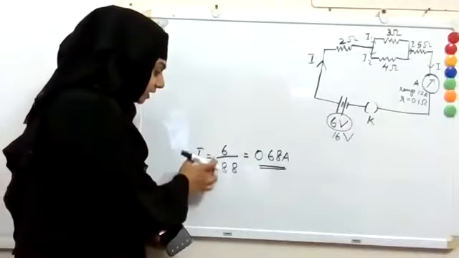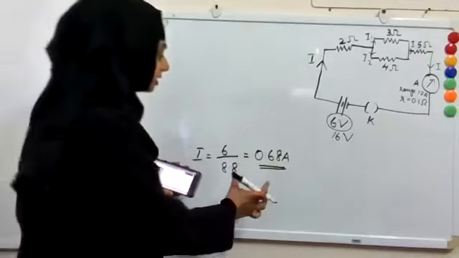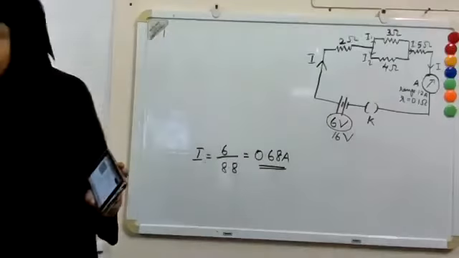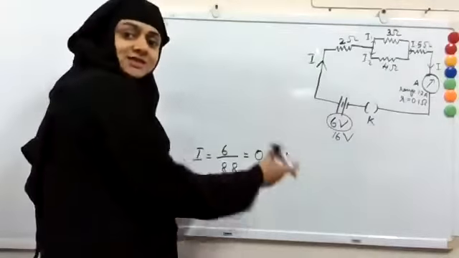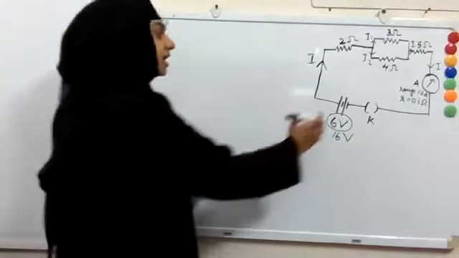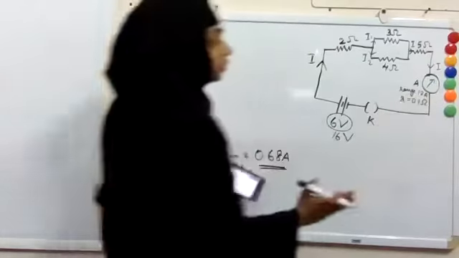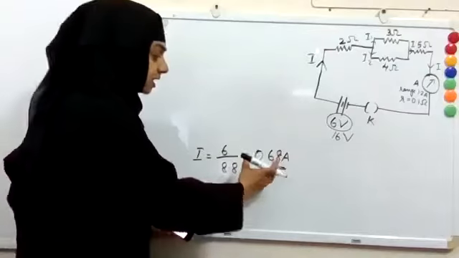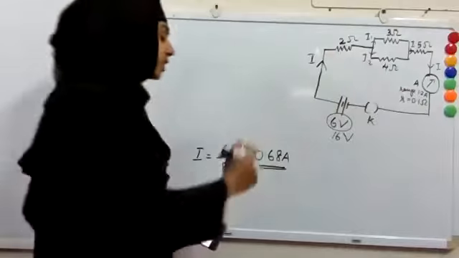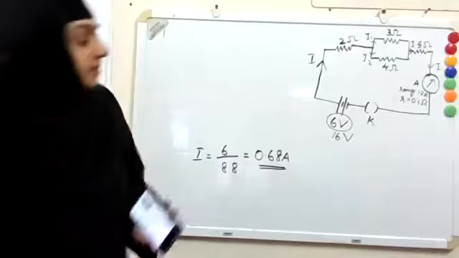This will be less than 1, right? So it is 0.68. That was a mistake, because when I looked into the paper, I wrote an answer for a different one. So this current can be measured using this ammeter because the range is 1.2 ampere and this current comes within this range. Its value is less than 1.2 ampere. So that ammeter is enough to measure that current.